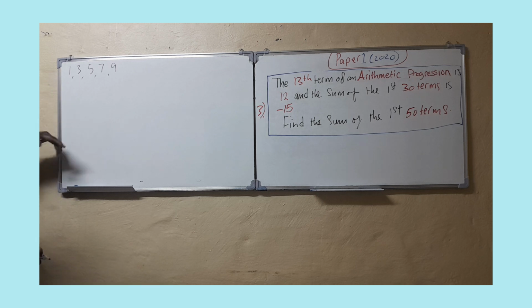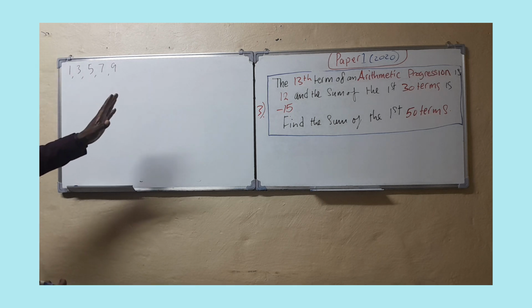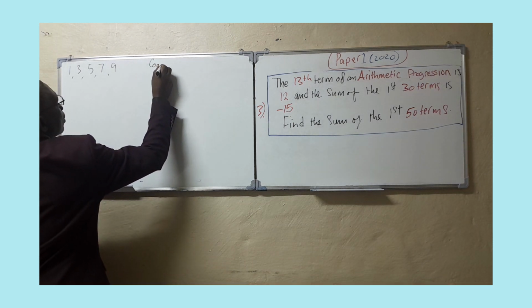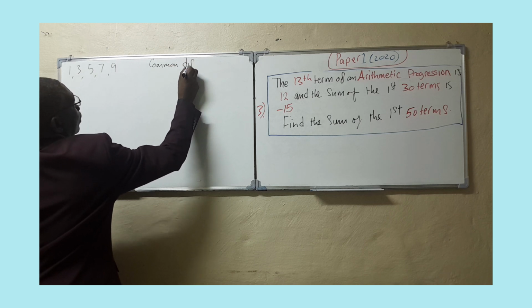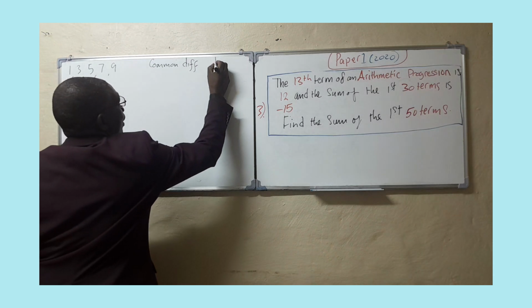This 2, which is a constant, the difference between one term and the one next to it, is called the common difference. I'll just write it D for short, and it's denoted by the letter D.